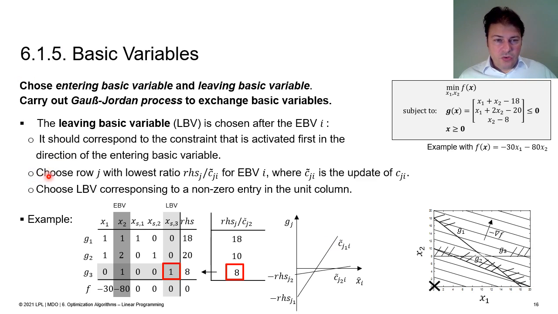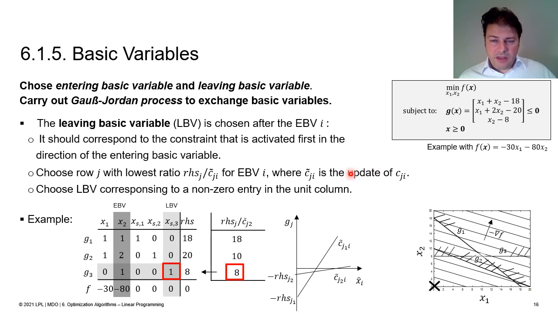So we want to choose the row j with the lowest ratio of right-hand side j divided by c tilde ji, where i denotes the entering basic variable, and c tilde ji is the update of cji. What do I mean by update?